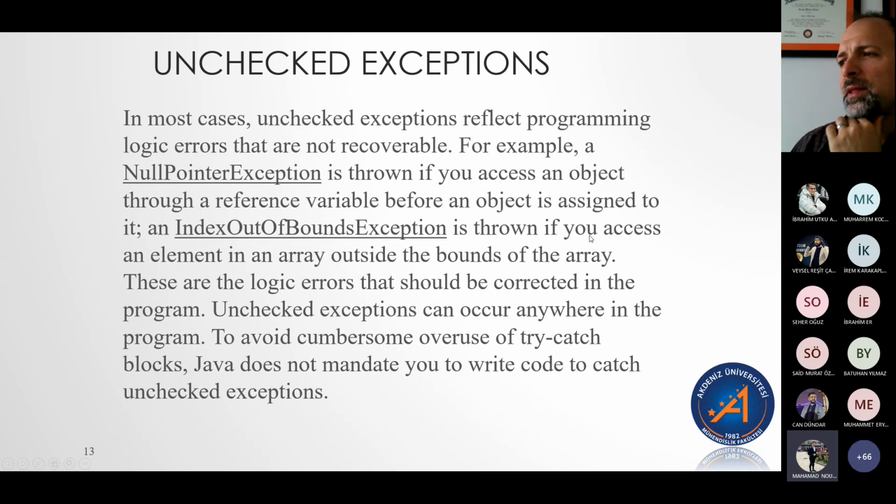Because this is something that could happen, but hopefully your program has done enough to make sure that it doesn't. Generally, these would be considered errors that should be corrected in the program, right?